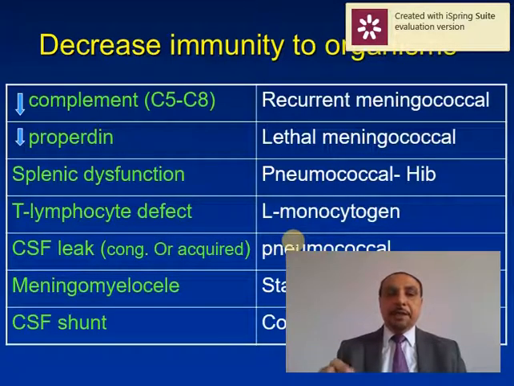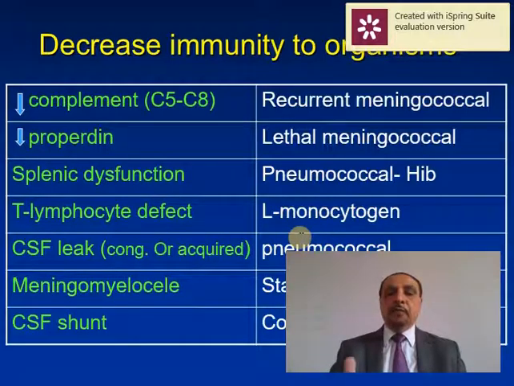If we have splenic dysfunction, it will cause pneumococcal and Haemophilus influenzae type B meningitis. If we have a T lymphocyte defect, it is more common to have Listeria monocytogenes meningitis. If we have a CSF leak, as we mentioned, either congenital or acquired, it will cause pneumococcal meningitis.